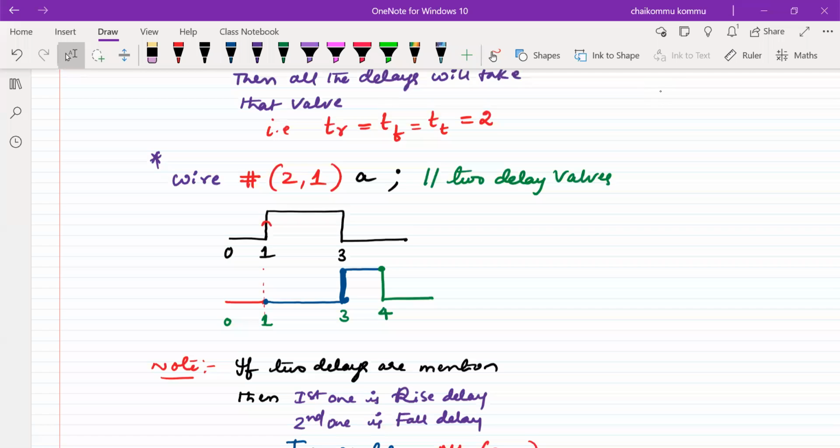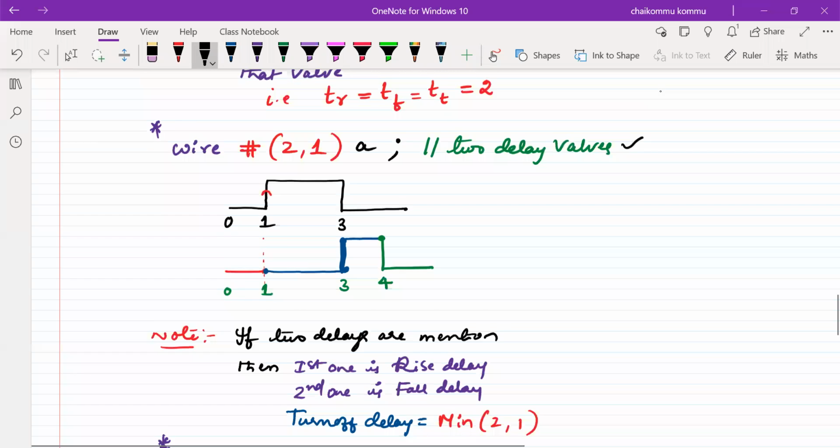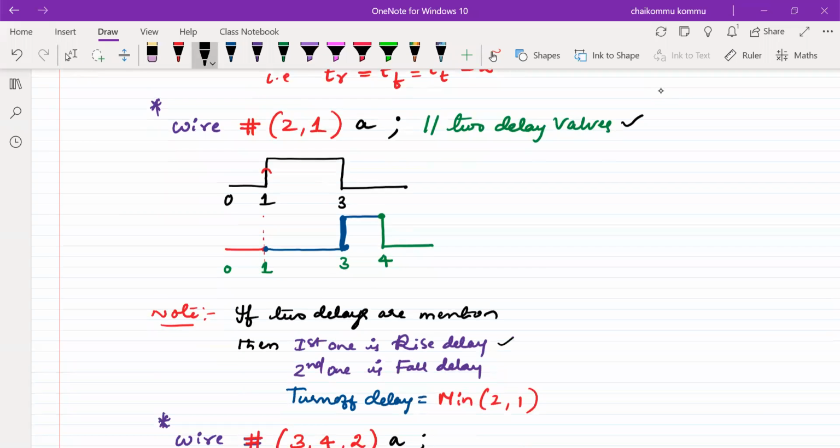Again, let us consider two delays now. The first one is the rise delay information, and the second one is the fall delay information. So it starts here, and then it finds the change to 1. At 1 we would have to go to 1 directly, but it does not do that, because it offers some kind of delay.